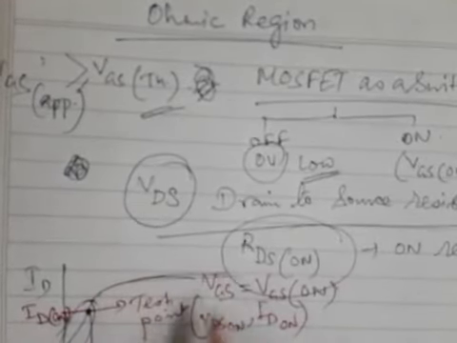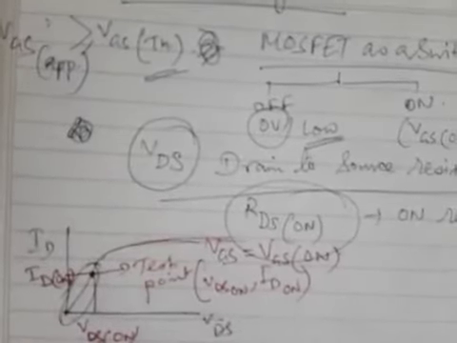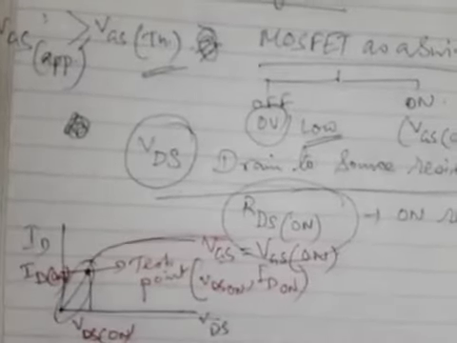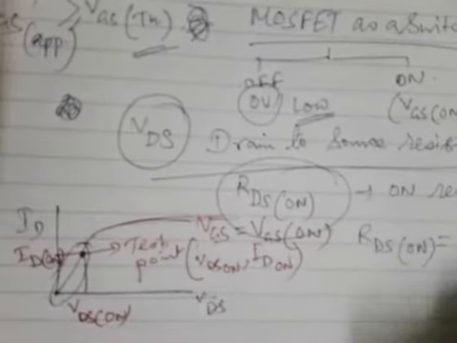That means when this curve is becoming flat with the voltage axis. So according to this test point in the ohmic region of the VGS equal to VGS on curve, we can specify the two values ID on and VDS on, and from here we can calculate the resistance RDS on, which is given by these two test point values, VDS on divided by ID on.